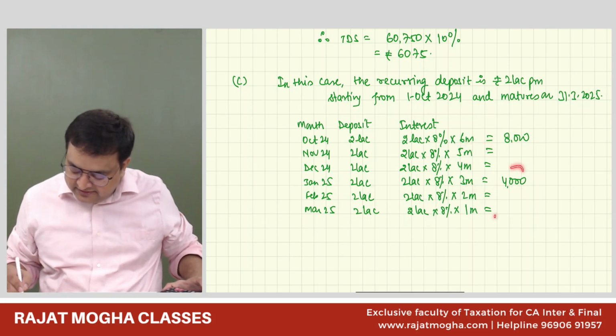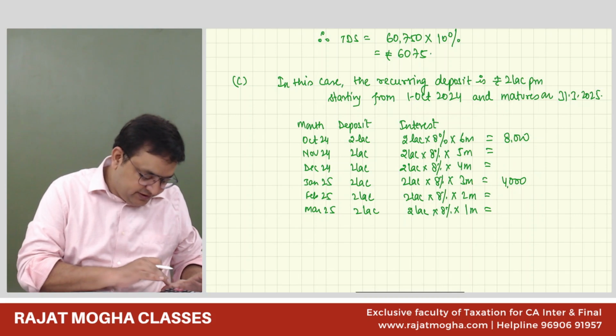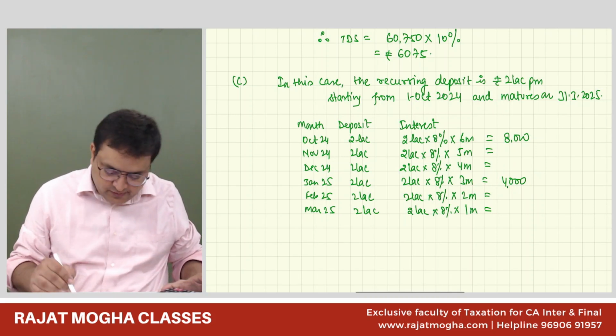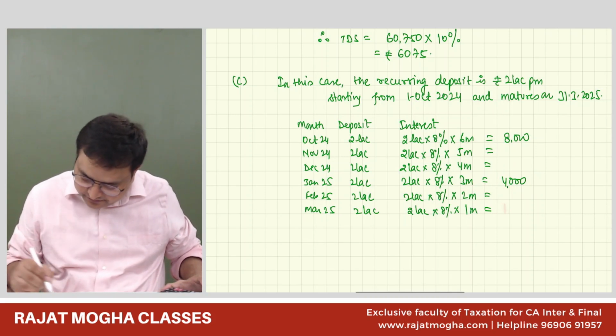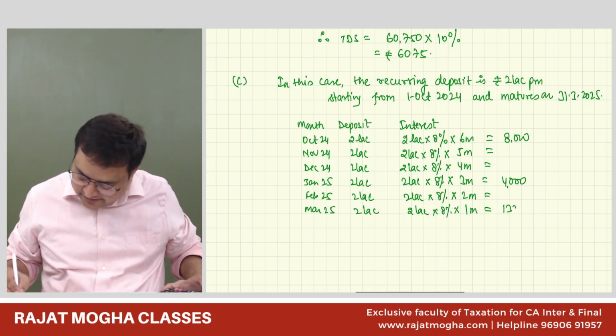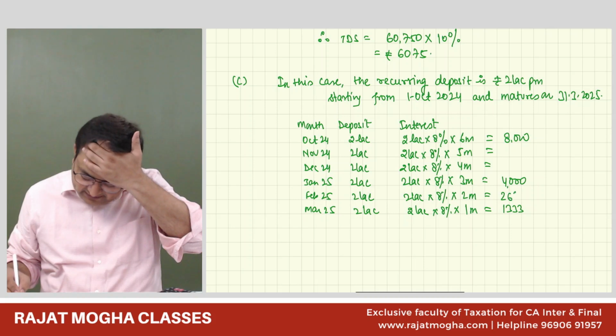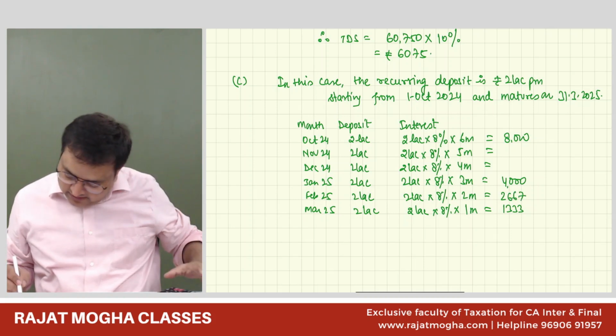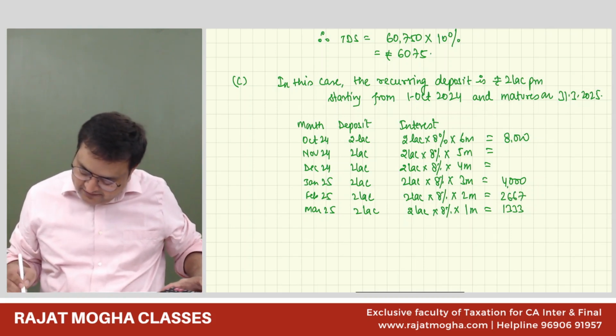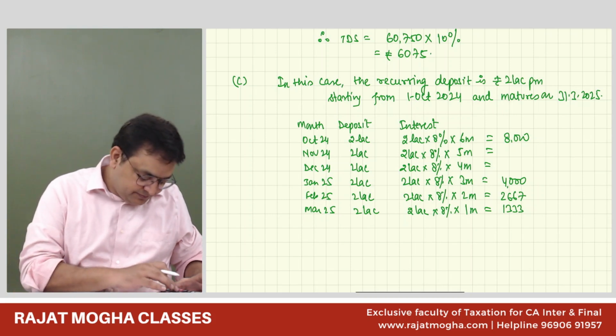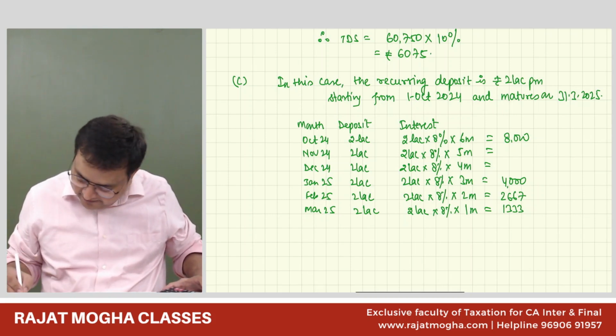And for 1 month, just divide by 3: 4,000 divided by 3 is 1333. For 2 months, I'll make it double, 2667. And for 4 months, 2 months is 2667, I'll make the double, 5333.